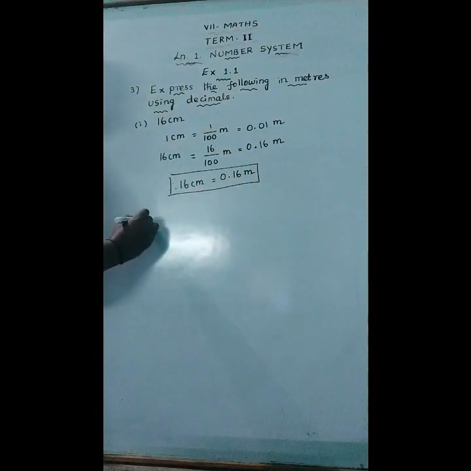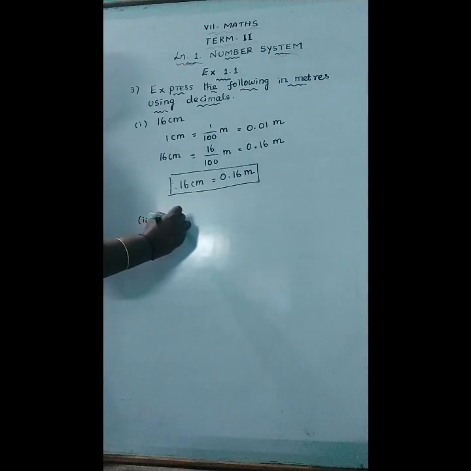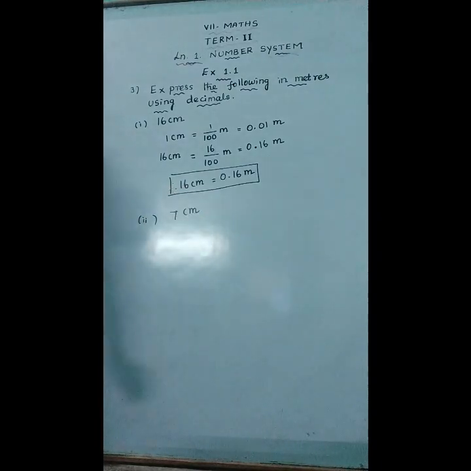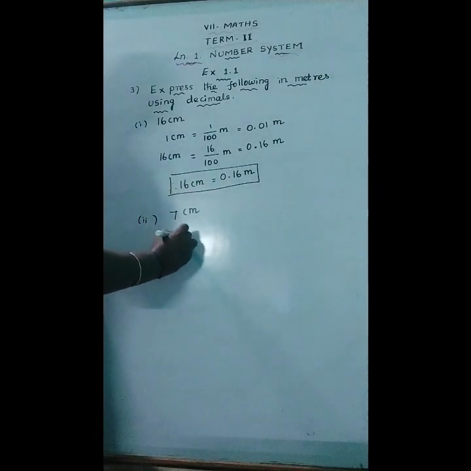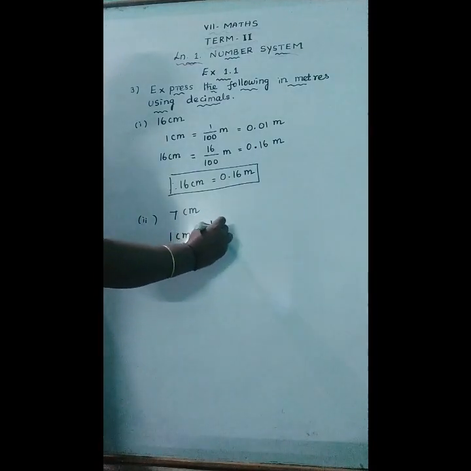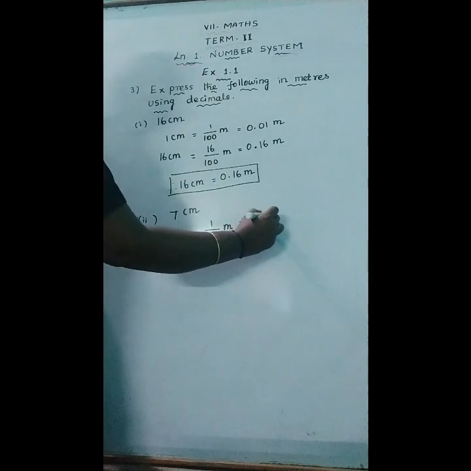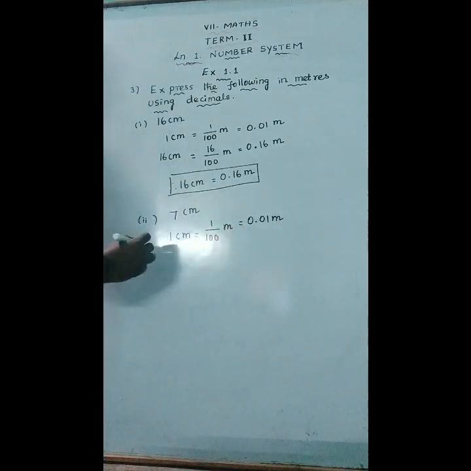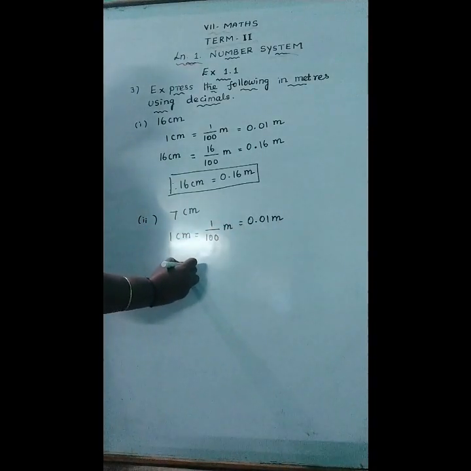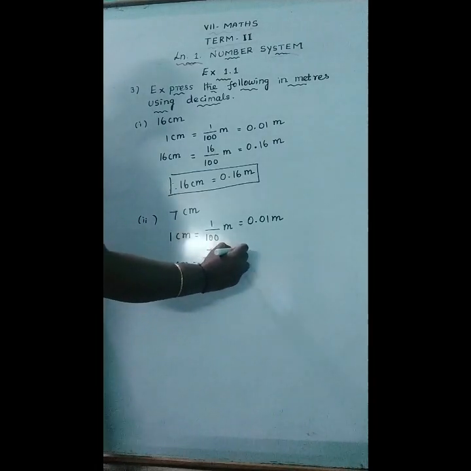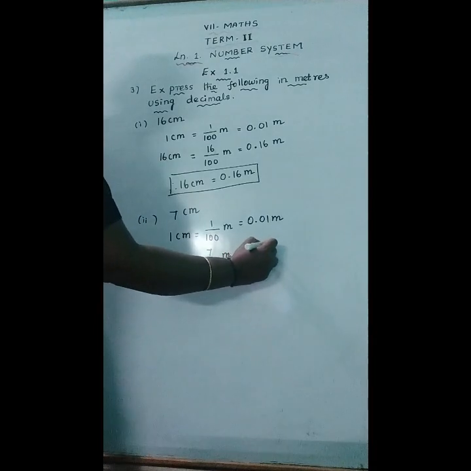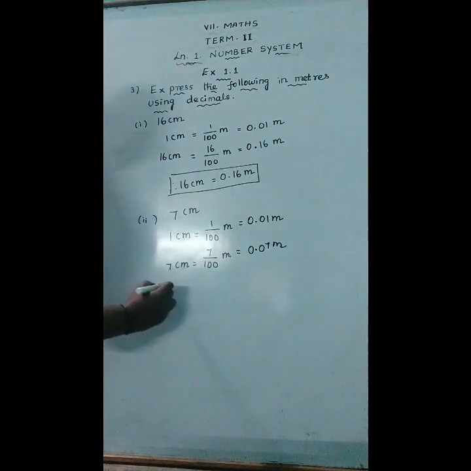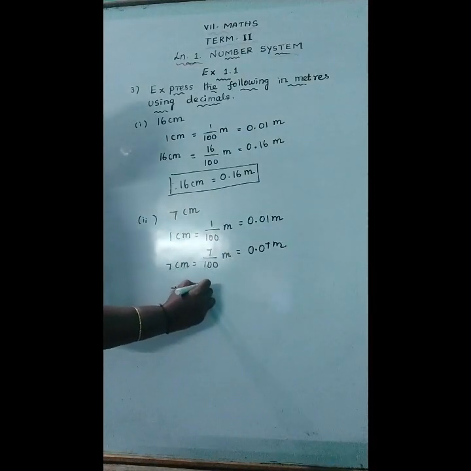In the second sum, given 7 centimeter. 1 centimeter is equal to 1 divided by 100 meter, that is 0.01 meter. So 7 centimeter is equal to 7 divided by 100 meter, that is 0.07 meter.